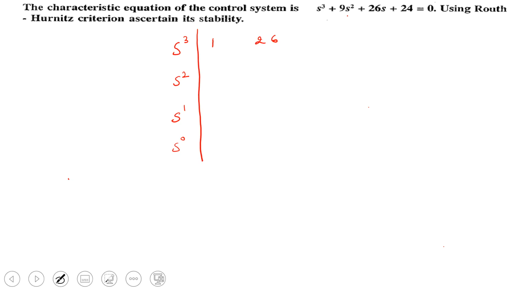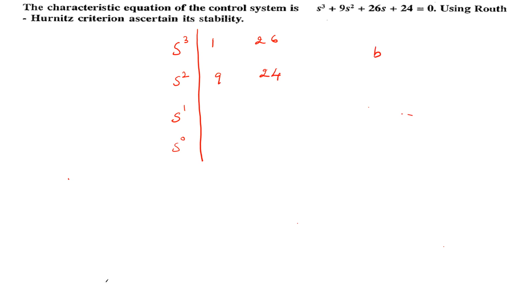The highest power is s cubed, next is s squared, s to the power of 1 and s to the power of 0. Starting from this, the coefficients in the first row are 1 and 26. The second row has 9 and 24.